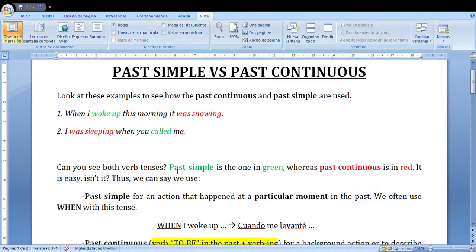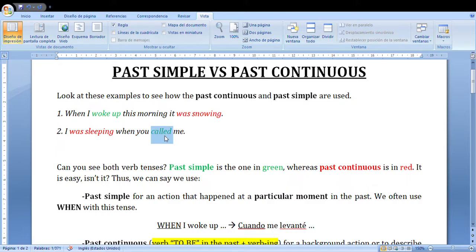So here you have the answer. Maybe you have guessed, or maybe you were wrong. So past simple is the one in green. In these two cases, we have woke up, which is a verb made of two words, and then called.